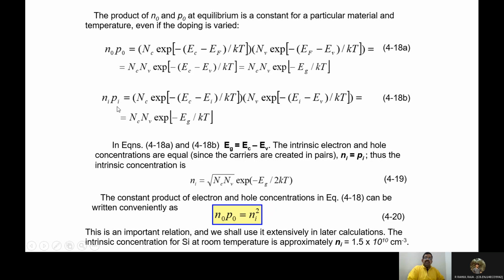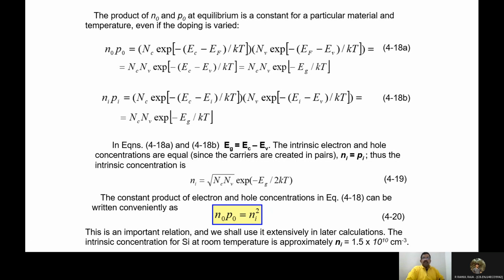Similarly, in an intrinsic semiconductor, N0 will be equal to P0, and there also it will be constant because we bring in the intrinsic energy level, the Fermi level gets cancelled out, and you get the same thing. So the expressions remain the same. This is what is called the mass action law, N0 P0 equals Ni squared. This is very, very important.